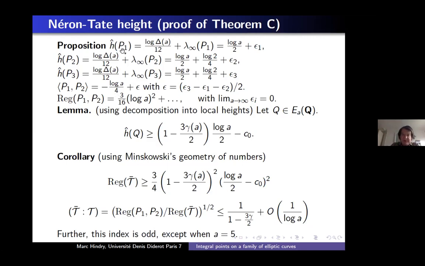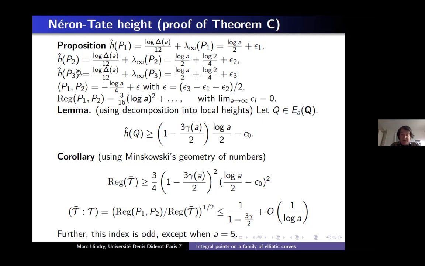The first thing is that we can essentially compute, up to a very small error, the Néron-Tate height of our trivial points. We get log delta over 12, as I explained, plus the Archimedean contribution. We have to analyze this Archimedean contribution, which is a bit complicated.